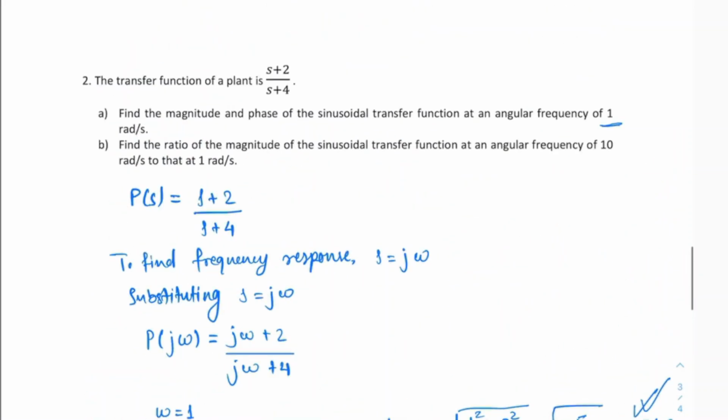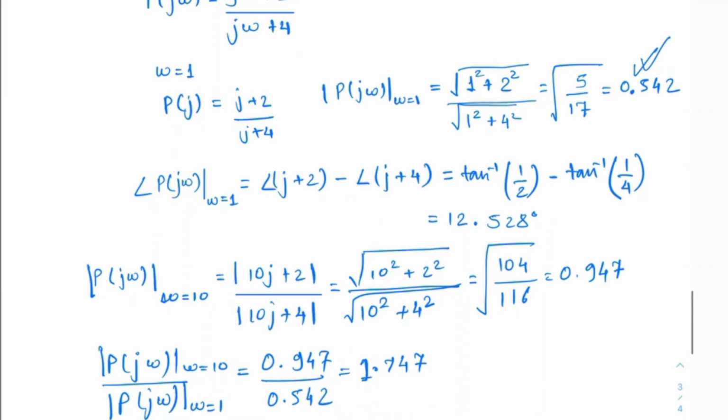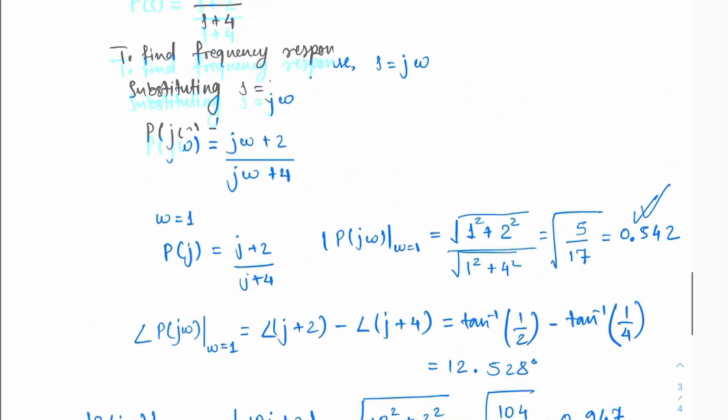So what we can see here is that the magnitude at omega equals 10 would be 1.747 times higher than the magnitude at omega equals 1.